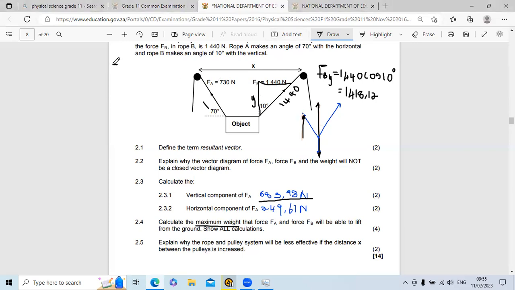You're going to say FAy plus FBy plus weight is equal to 0.